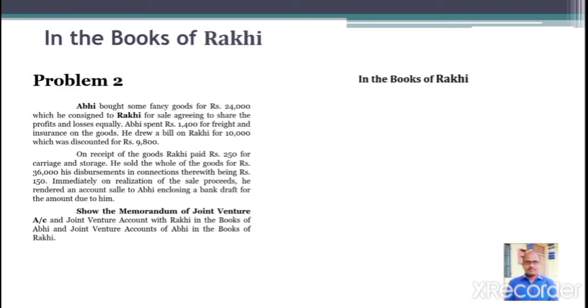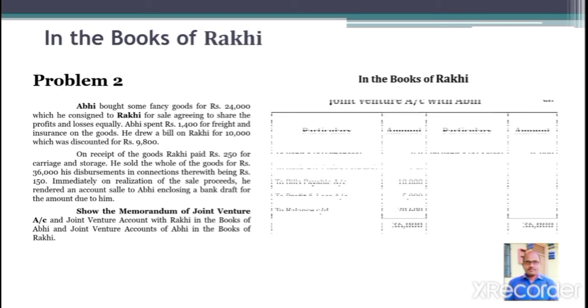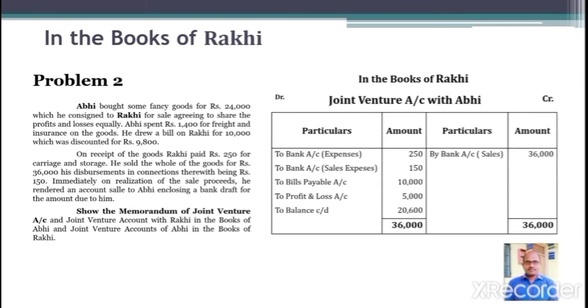Next we will see how these transactions are recorded in the books of Raki. Here also we are considering only the transactions which are related to Raki. So you can see the debit side, to bank account the expenses of Raki to the extent of rupees 250. Then we have to bank account sales expenses 150, to bills payable account 10,000, to profit and loss account 5,000.